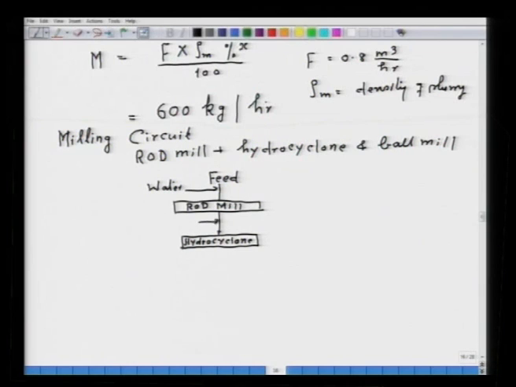Here I may also add water if it is required. So, this hydrocyclone divides the feed into two products. One is the undersize and another is the oversize.